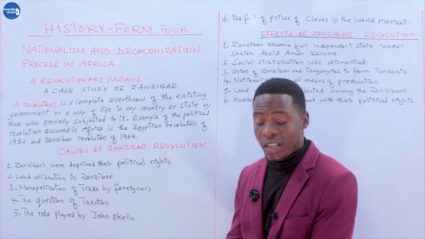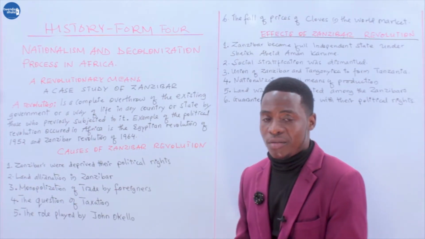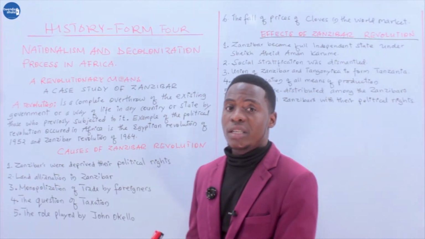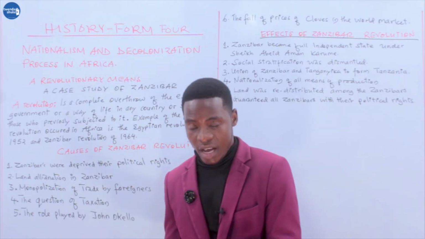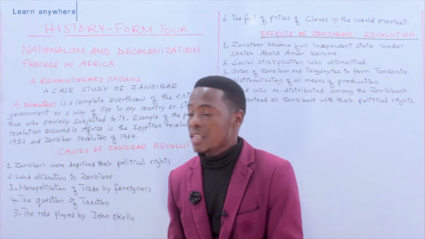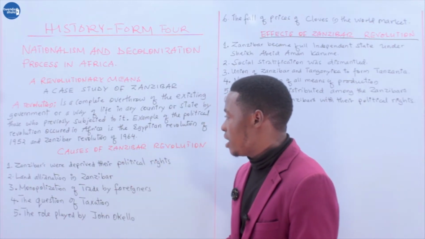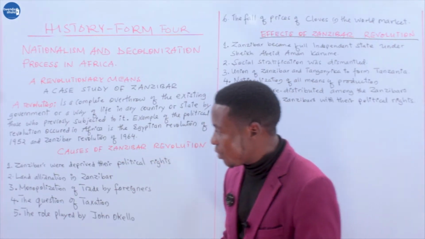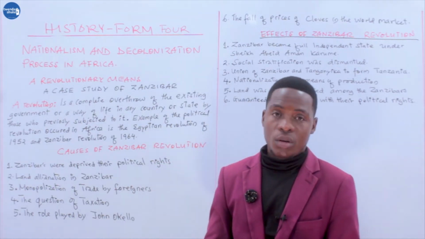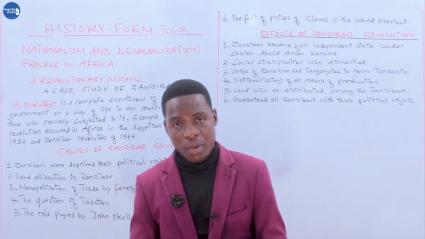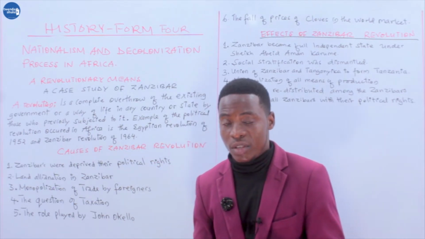Those people who were subjected to a certain way of life can overthrow it to have another life, or those subjected to a certain form of government can completely overthrow it and have a new form of government. An example of a political revolution in Africa is the Egyptian revolution of 1952, whereby Sultan Farouk was overthrown by Gamal Abdel Nasser.